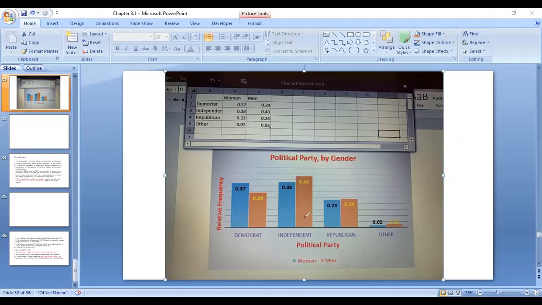And you can find the proportion for the men and women in the Democrat, Independent, Republican. Any question on everything about this class, 3.1, from the beginning?